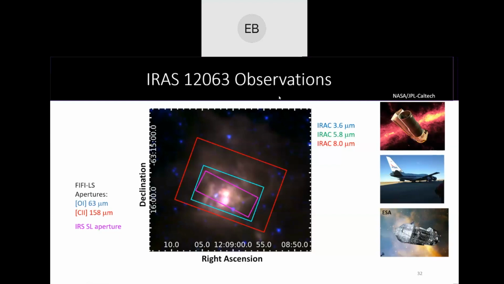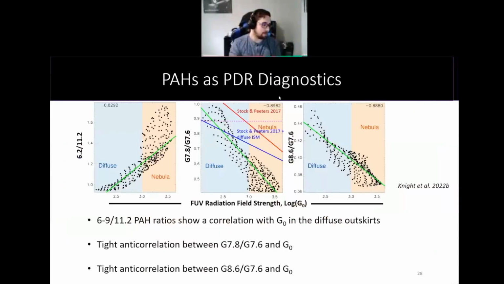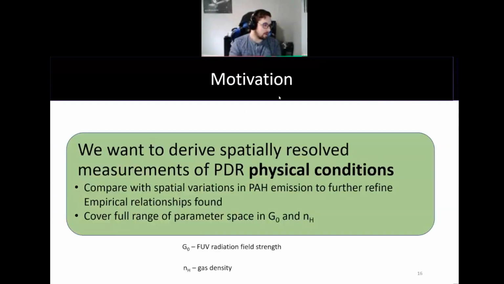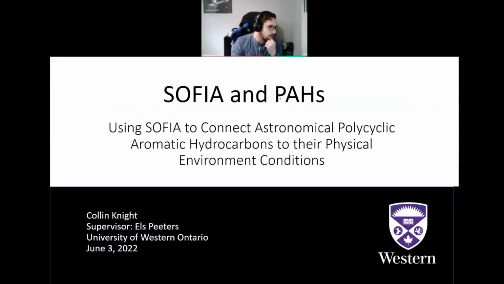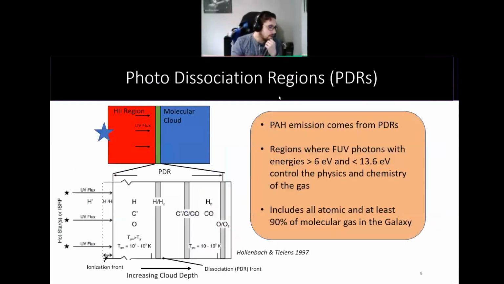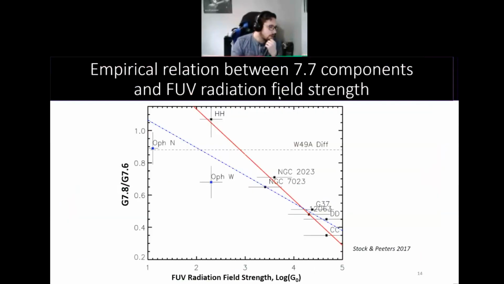So Orion, I think, is probably within the same. So if you'll allow me to go back to the figure I showed earlier. So Orion is right here, and it's kind of comparable with IRAS.